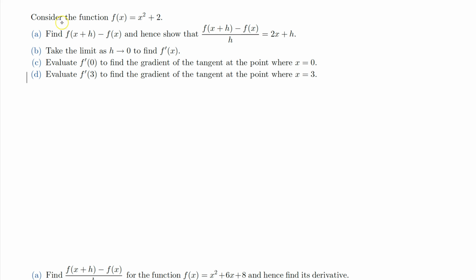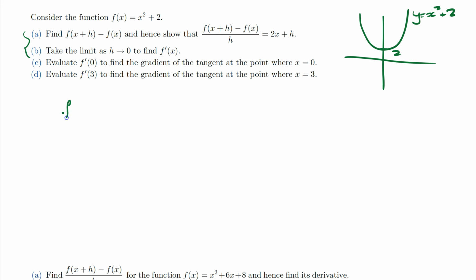Okay, for our next example, consider this function. It's always good if you know what the function looks like, which we do. X squared plus 2 is our parabola just there. And we're going to just combine these two steps here. We're essentially going to say we want to find the expression for the derivative.